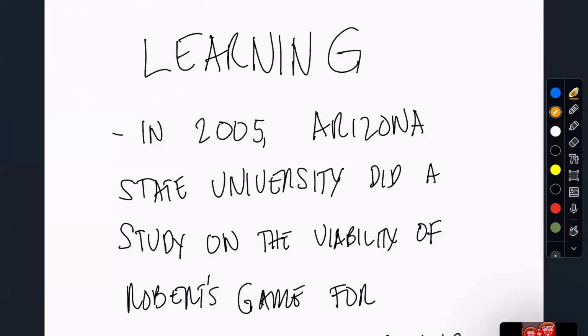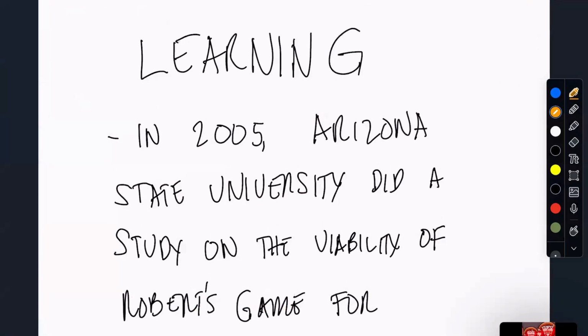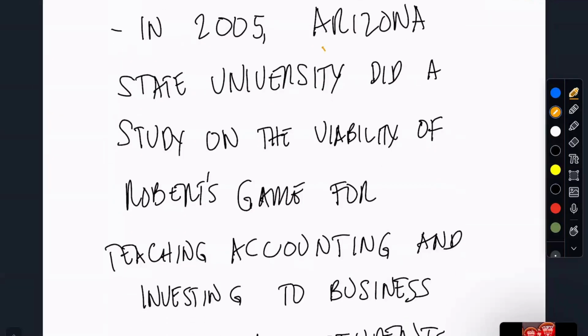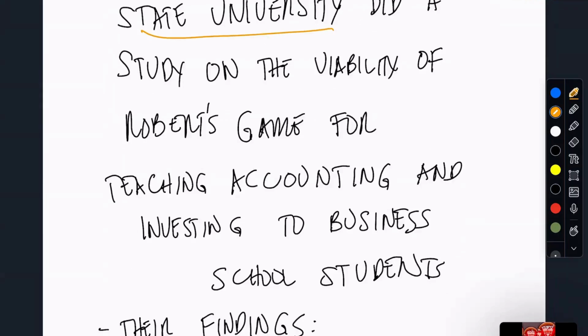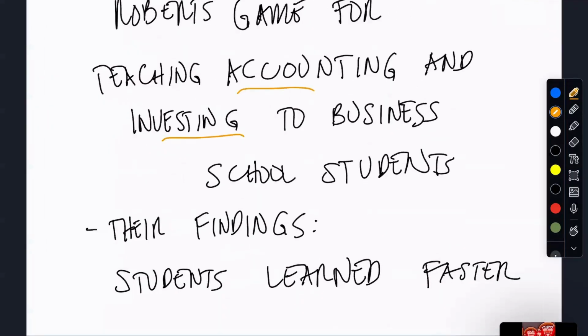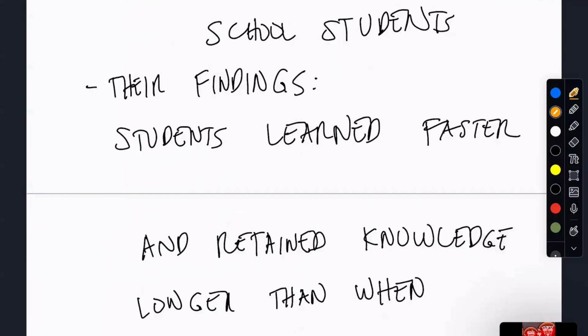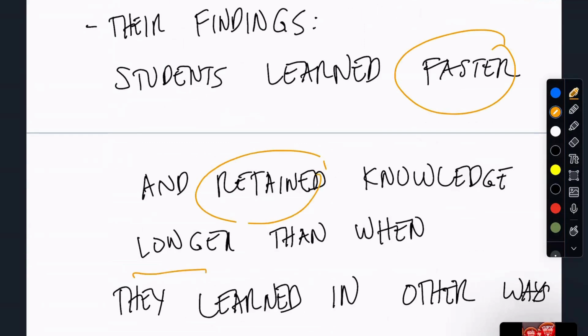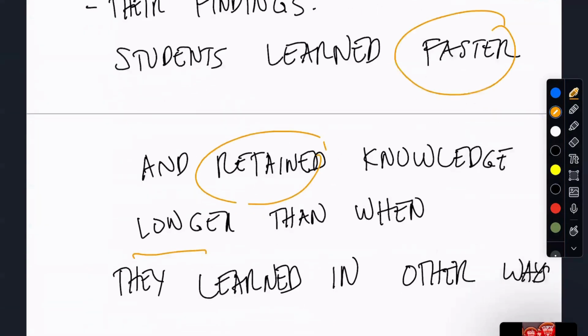The cone of learning, from the book of Robert Kiyosaki: in 2005, Arizona State University did a study on the viability of Robert's game for teaching accounting and investing to business school students. Their findings show that students learn faster and retain knowledge longer than when they learn in other ways.